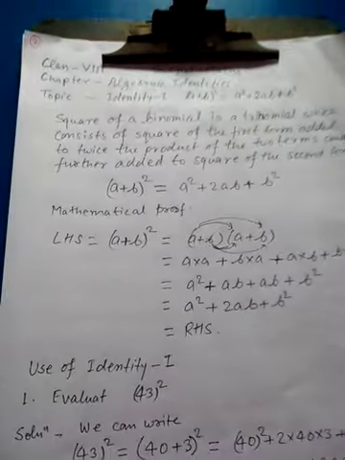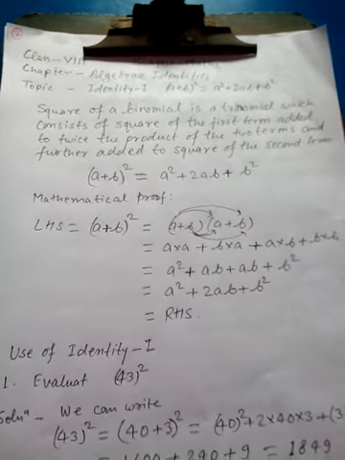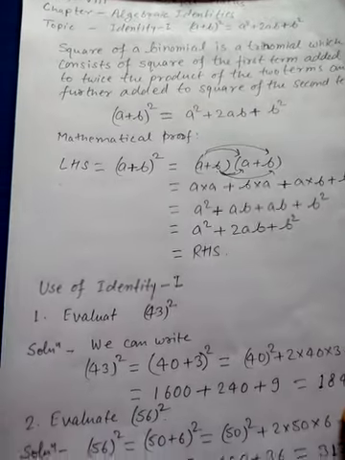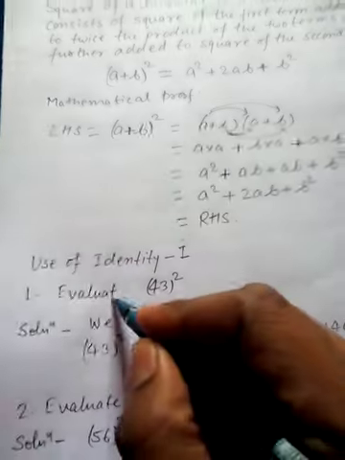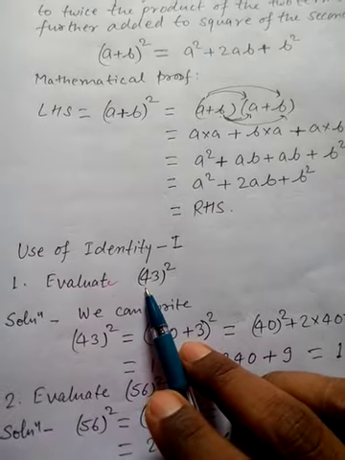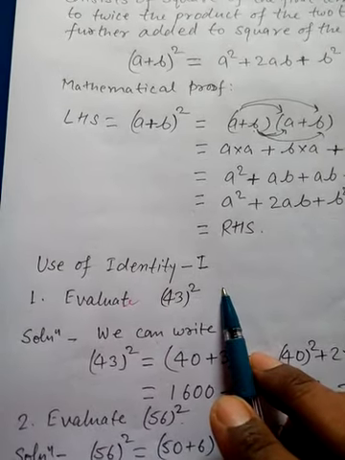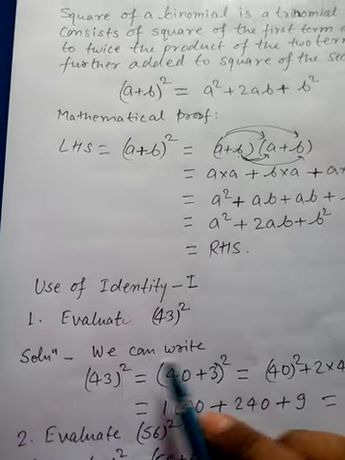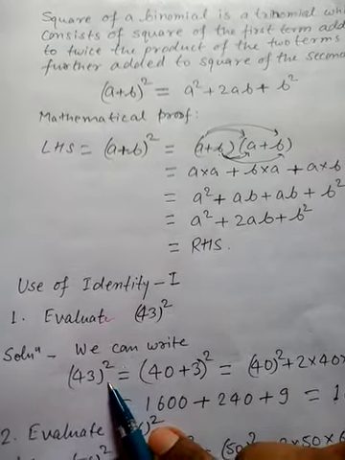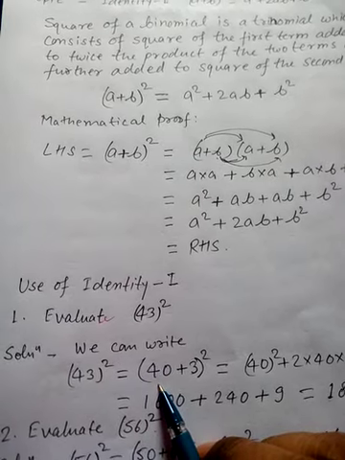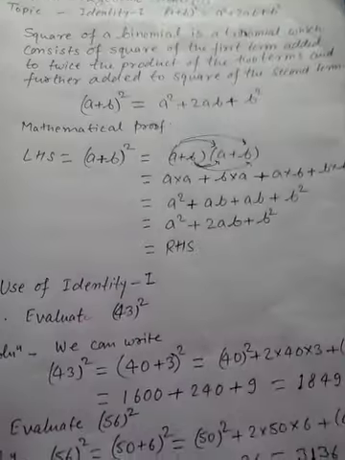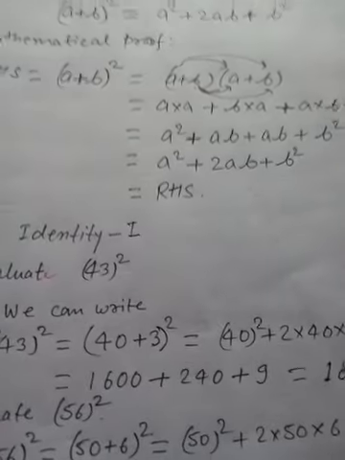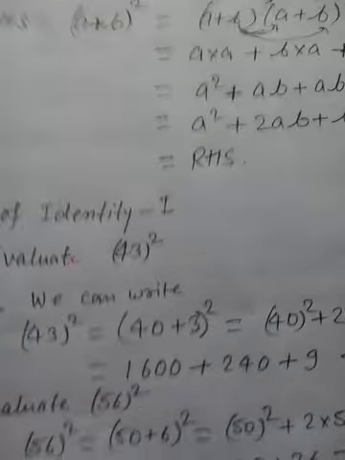And now how can we use this identity to solve some questions? Suppose you have to evaluate 43 square. To find 43 square, we can write 43 as 40 plus 3, in the form of tens and ones.